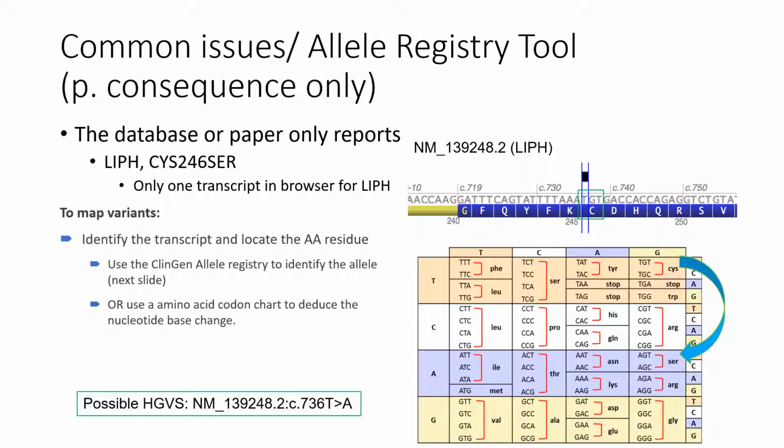So if we write this HGVS expression, we can have a legitimate HGVS expression for this p dot consequence.